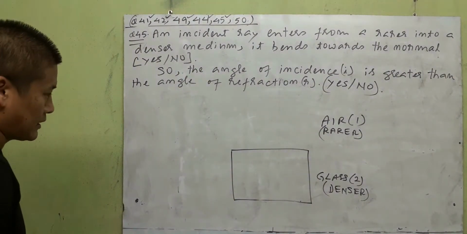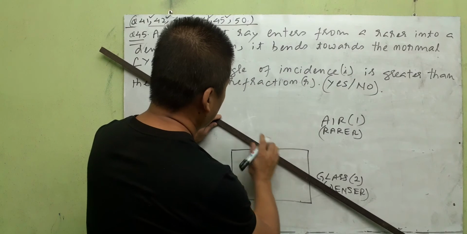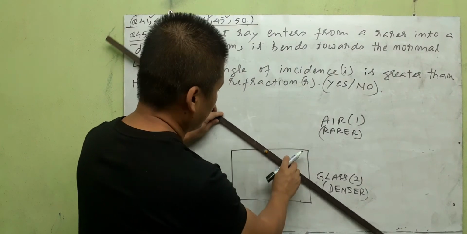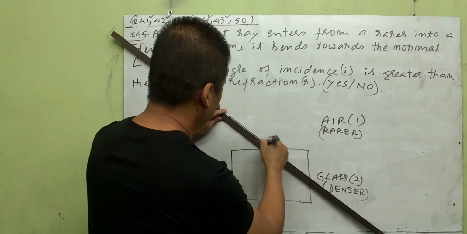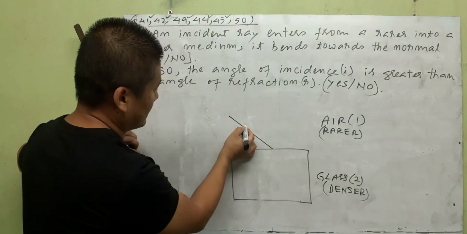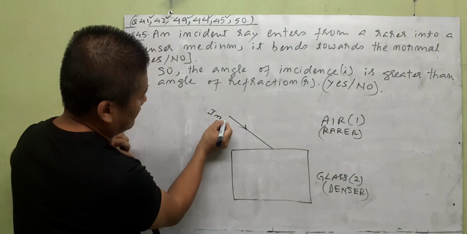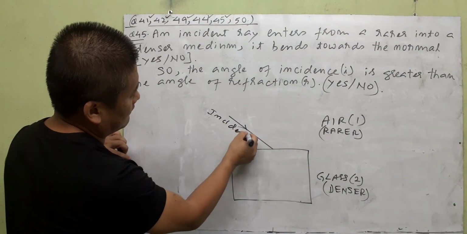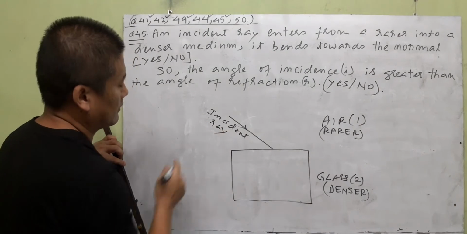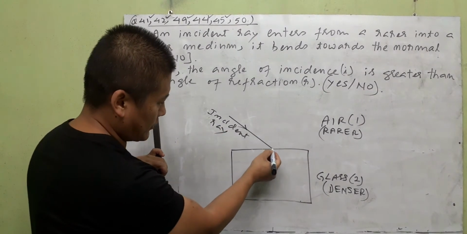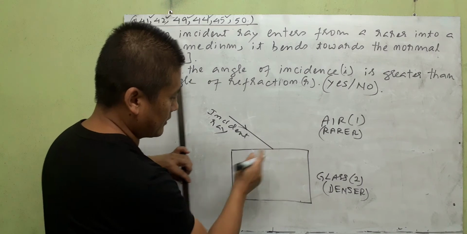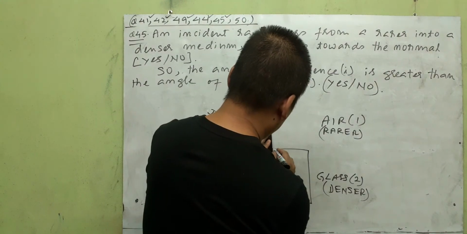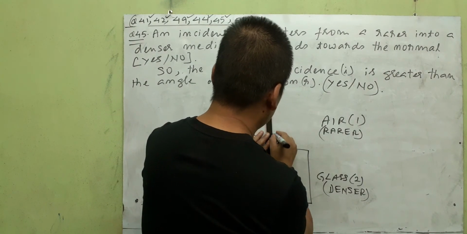Okay, so let us pass a light ray. For us to see this, we have to pass the light ray not perpendicular but obliquely like this. So this is the incident ray. The point where it strikes the surface of the glass, the interface, is called the point of incidence.